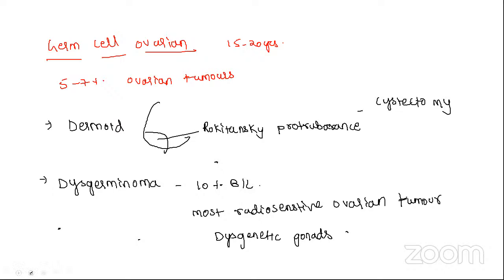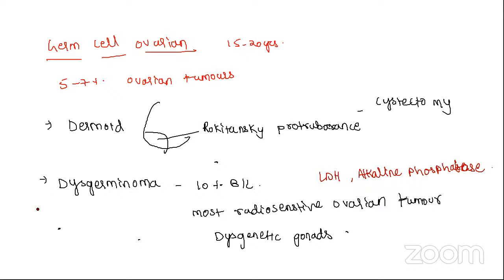What are the tumor markers for dysgerminoma? Anybody can answer. The tumor markers for dysgerminoma are LDH and alkaline phosphatase.